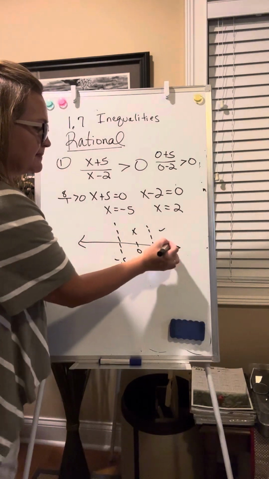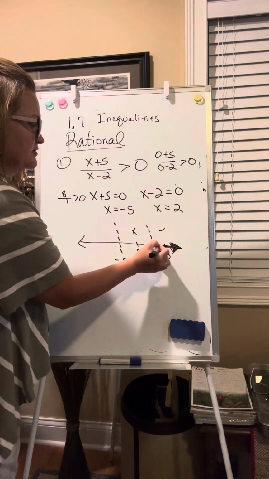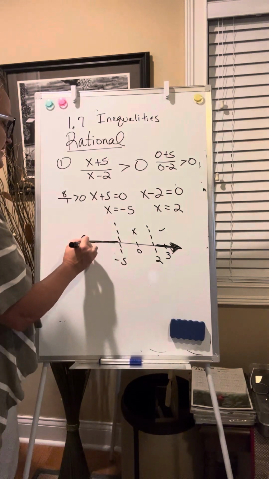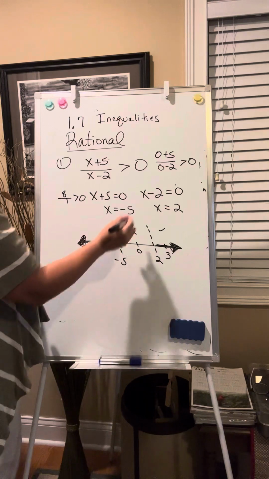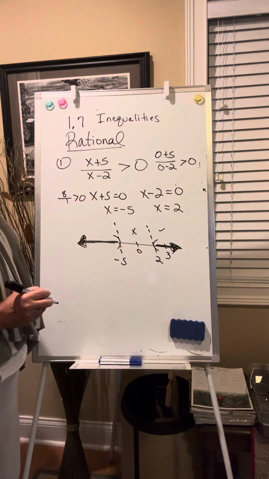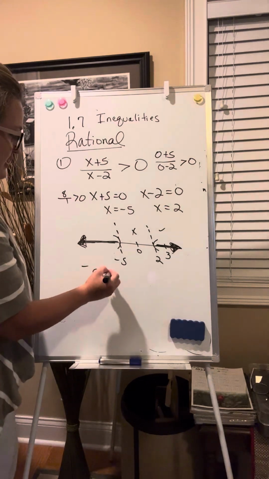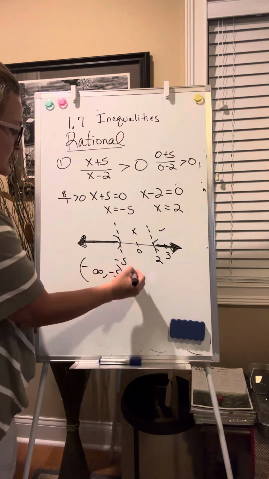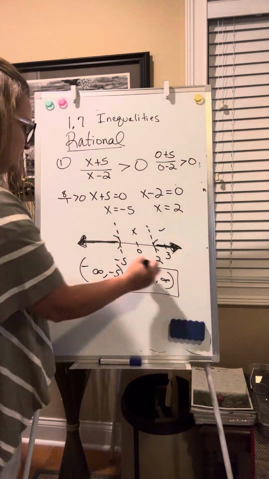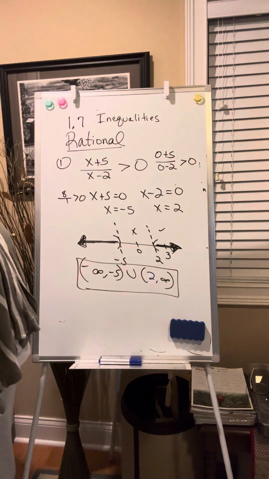So I shade that. And then, to be thorough, we check this one too with a test point such as -6 or anything back in this area. No line under it, so all parentheses for that. So we got -∞ up to -5, parentheses, union, and then 2 to infinity. All right.